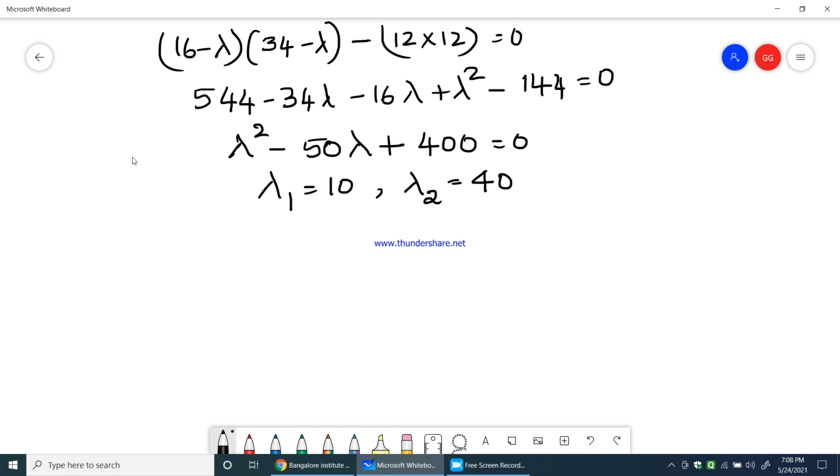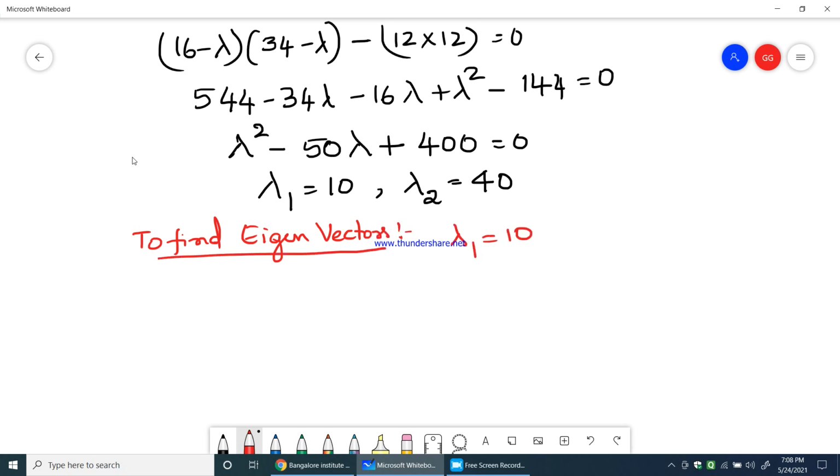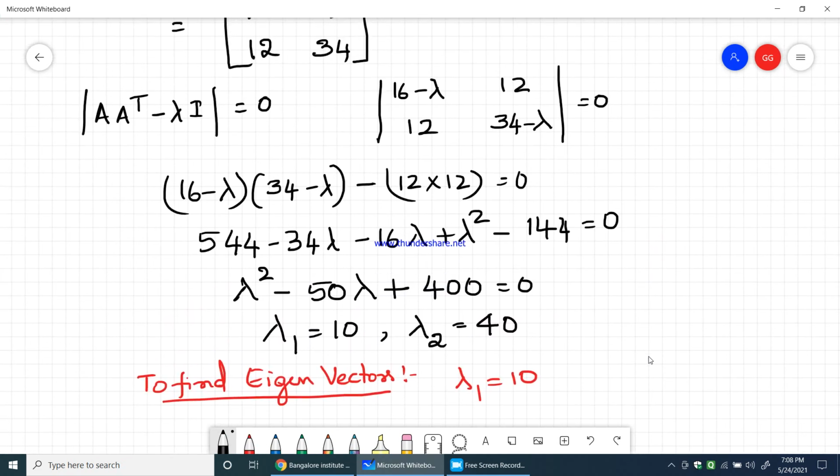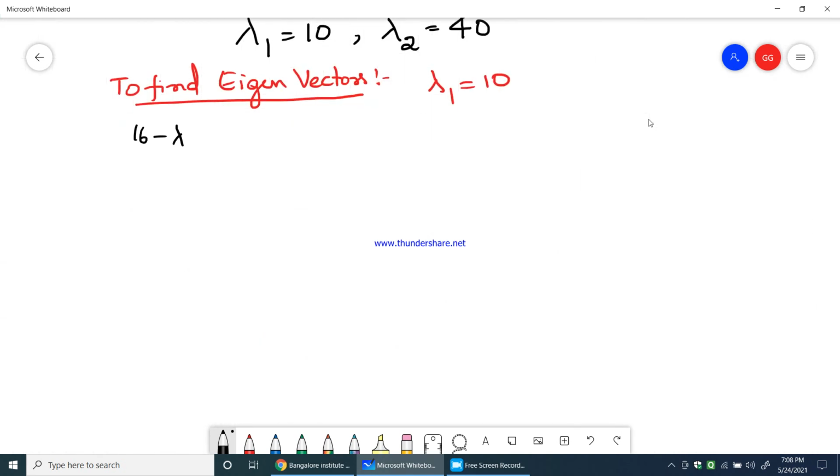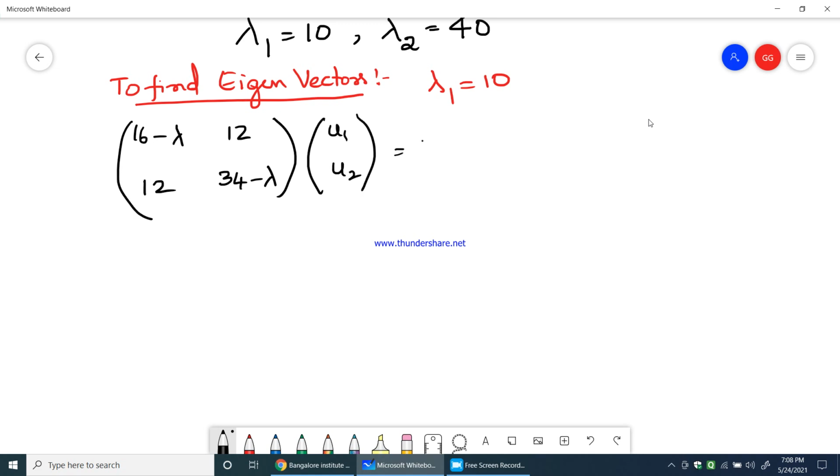Now let us find the eigenvectors, which is nothing but U. First I will take the condition for lambda 1, which is 10. Here A A transpose minus lambda I is 16 minus lambda, 12, 12, 34 minus lambda, into U1, U2 equals 0.